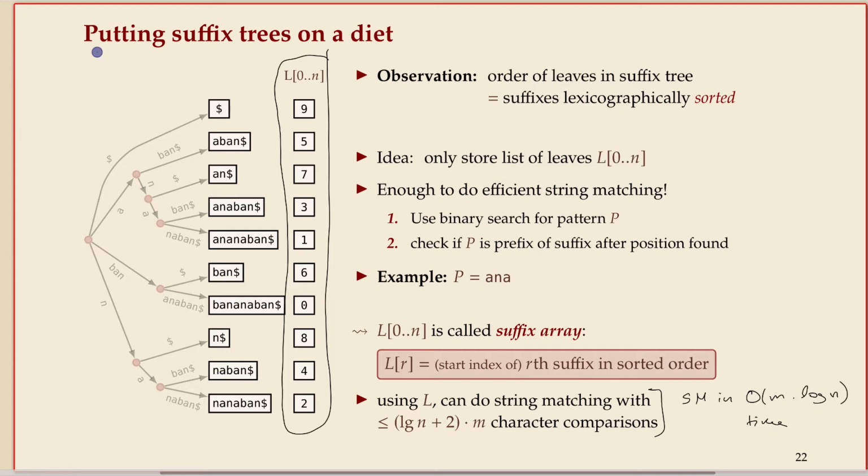The more conventional way to draw the tree is top down, and then the L array would be written from left to right, finding the leaves in left to right order. So that's how you would normally see it drawn. Yeah, that's a suffix array.